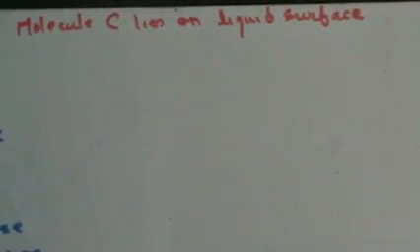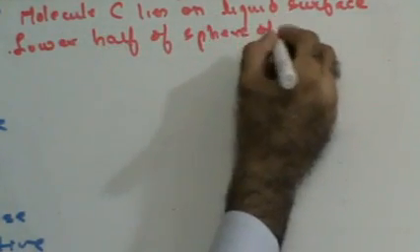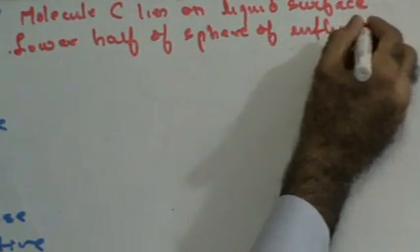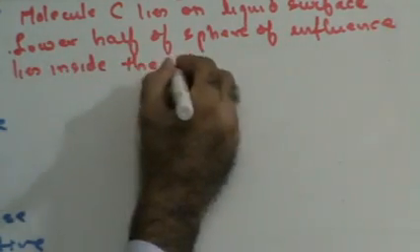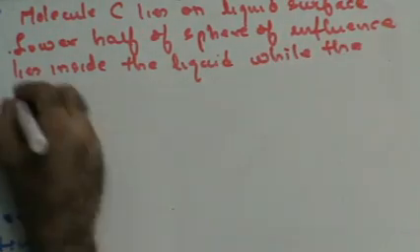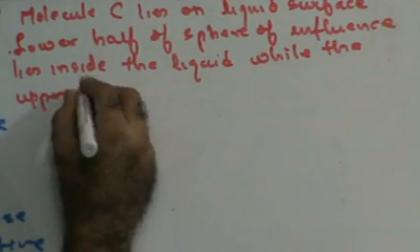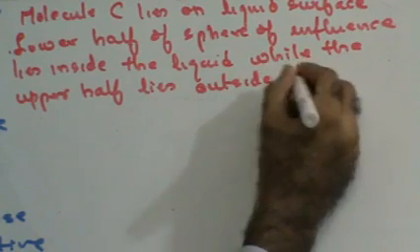Hence, the lower half of the sphere of influence lies inside the liquid, whereas the upper half lies outside the liquid.